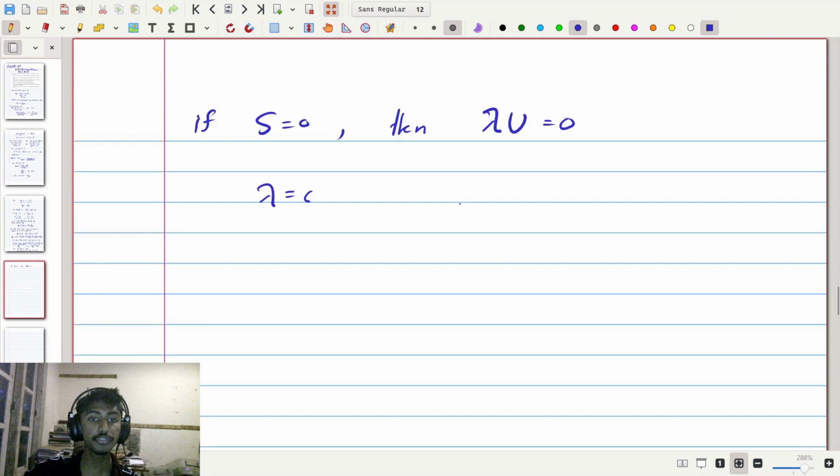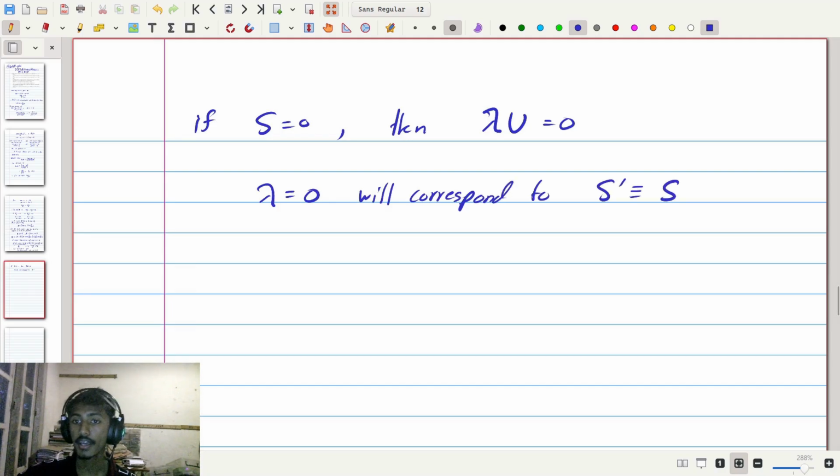So therefore, if this is the case, then lambda equals 0 is a possible solution, and lambda equals 0 will correspond to s dash given by s equals 0. So therefore the equation of the circle s dash is going to correspond to s equals 0.